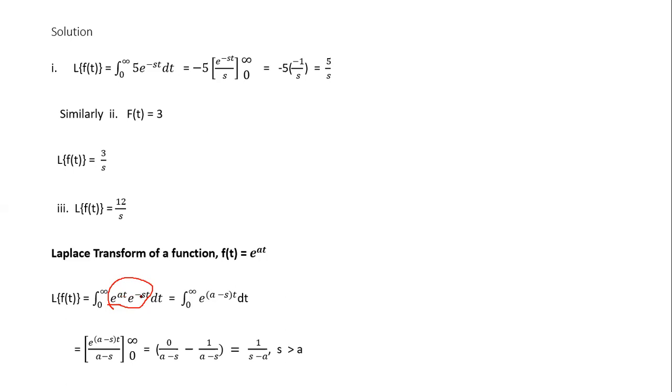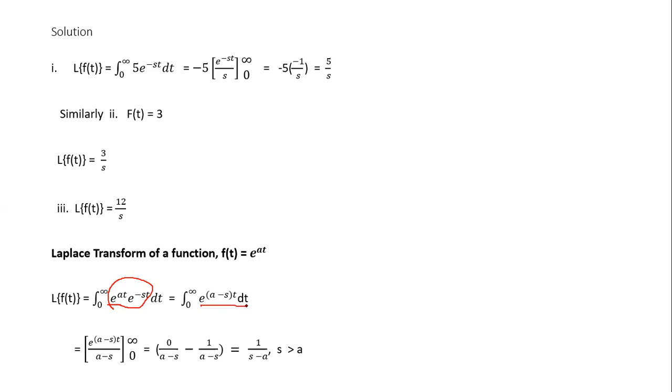The n also becomes negative st. So you can now transform this one to become exponential in power into bracket at minus st. But since the t is common to them, you can bring the t out to get something like the integral from 0 to infinity of exponential a minus s times t dt.